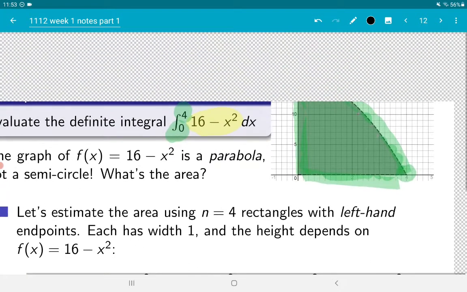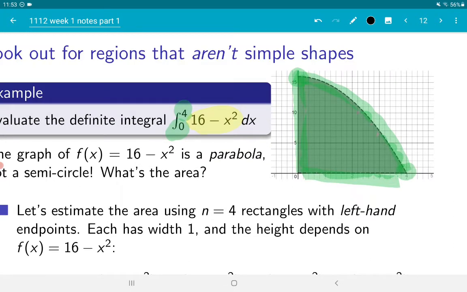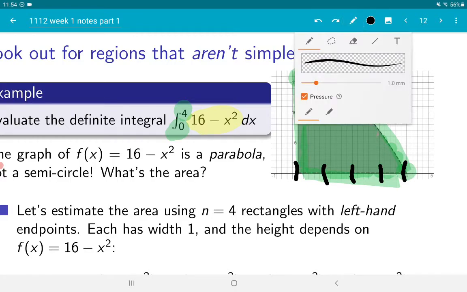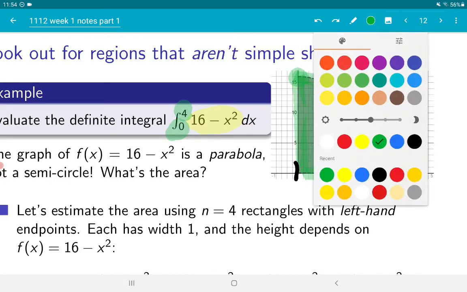Let me try to draw that up here. I'm going from x equals 0 to x equals 4 as the upper and lower limits. So when I cut it into 4 pieces, that's going to be 1, 2, 3, and 4. And when I say left-hand endpoints, that means I'm going to look at the left-hand side to decide how tall a rectangle is.